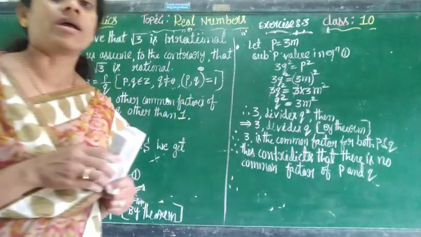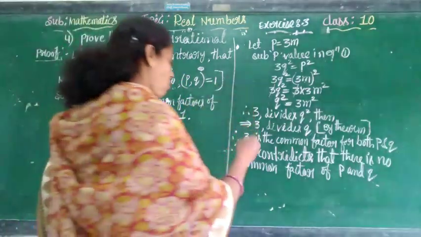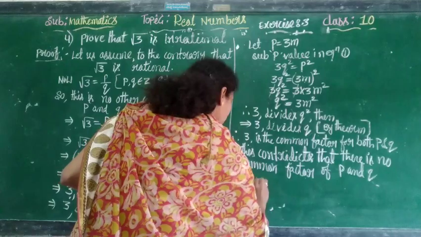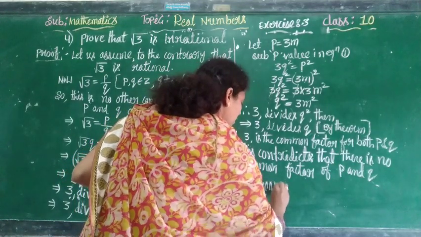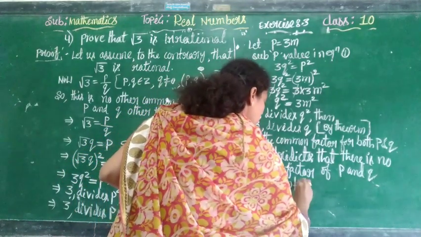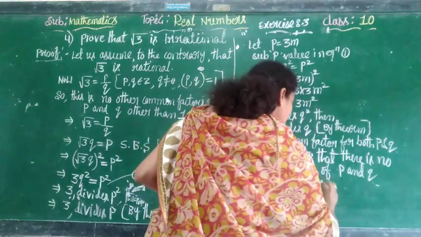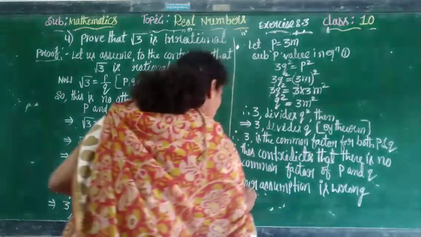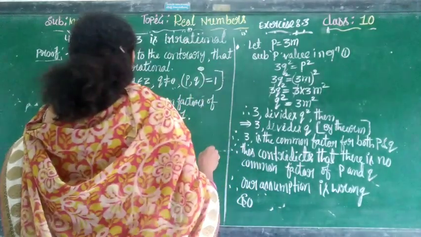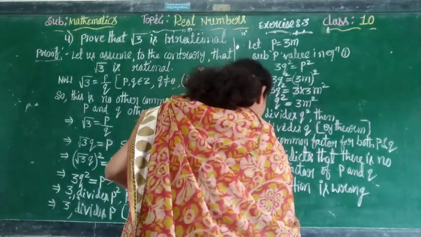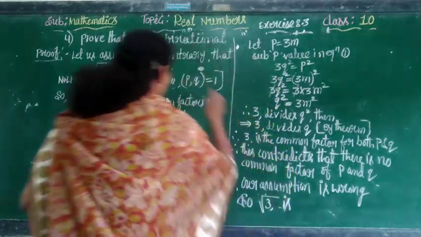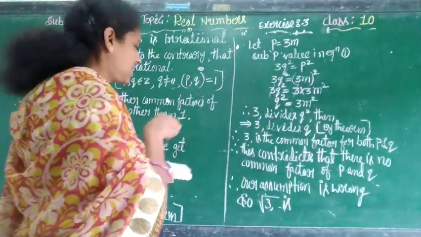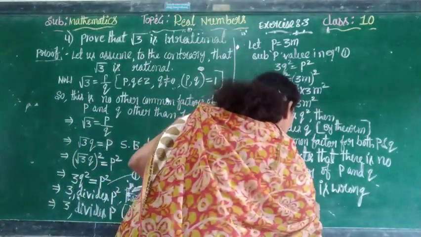Therefore, our assumption is wrong. Root 3 is irrational.